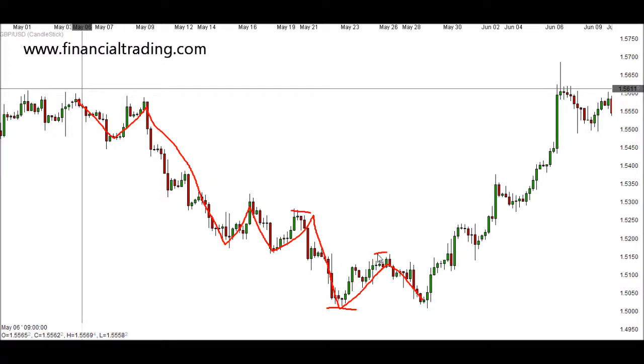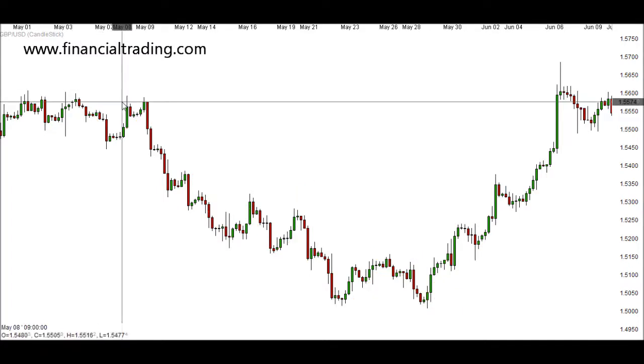Price pulls back, creates a lower high compared to this high previous. Comes back down but does not create a lower low. Here's our low previous, and here's our new low, so it doesn't create a lower low, and it then pulls back and breaks this high. Now that's our signal that this downtrend could be over, and it is.